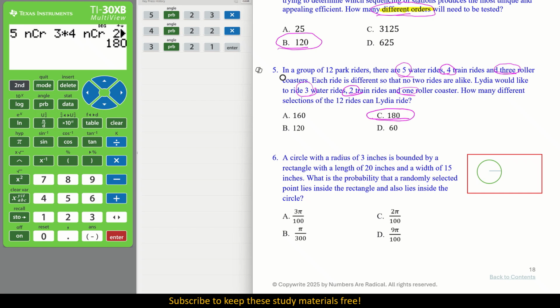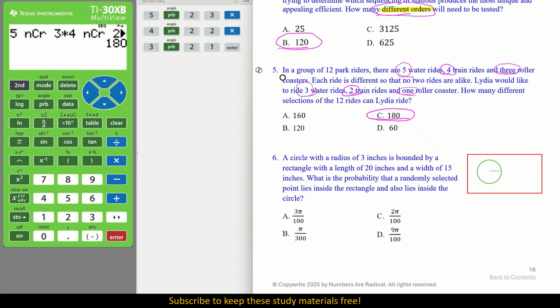Okay, number 6. A circle with a radius of 3 is bounded by a rectangle with a length of 20 and a width of 15, all inches. What is the probability that a randomly selected point lies inside the rectangle and also lies inside the circle?